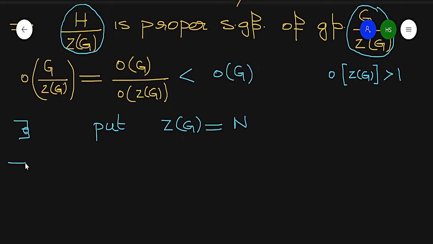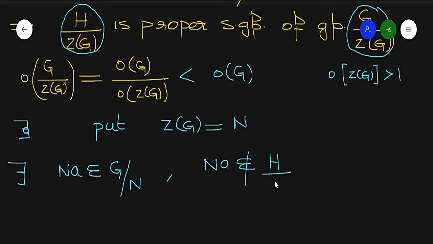So it means there exists some element Na which belongs to G by N, and N by Na which does not belong to H by N. Also this element satisfies our given condition.